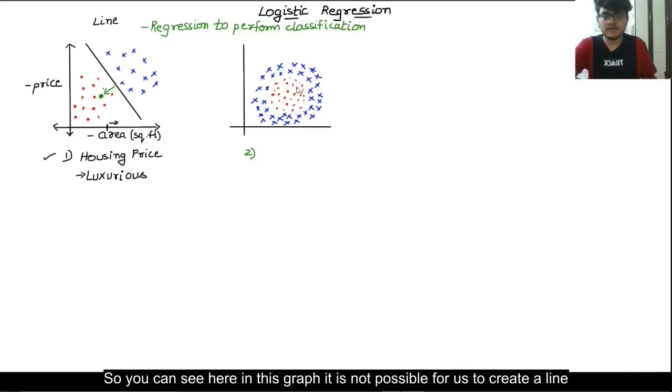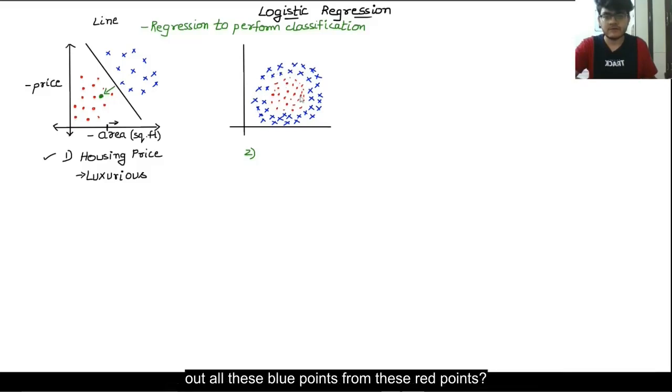You can see in this graph that it's not possible for us to draw a line which can separate both of these. But is there any other figure which can help us do that? Can I draw some other curve or figure which can separate all these blue points from these red points? The answer is yes. What I can do is draw a circle.